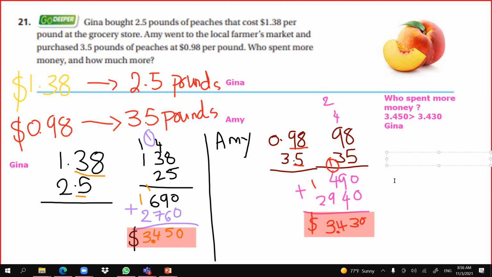Now the next part. How much more did Gina spend? Let's ask Isra. Yes, Isra, how much more did Gina pay more than Amy?